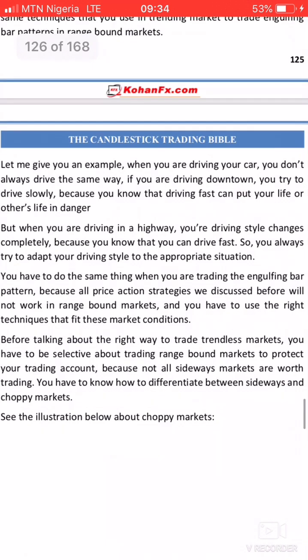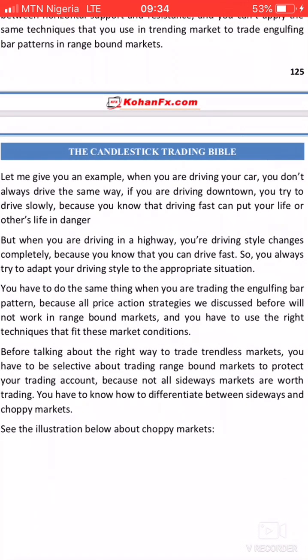Before talking about the right way to trade range-bound markets, you have to be selective about trading them to protect your trading account, because not all sideways markets are worth trading. You have to know how to differentiate between sideways and choppy markets.